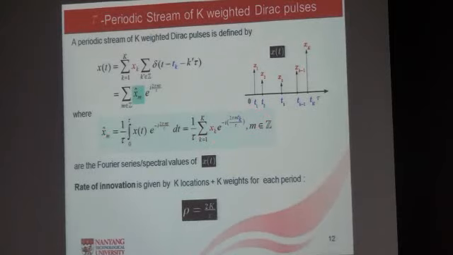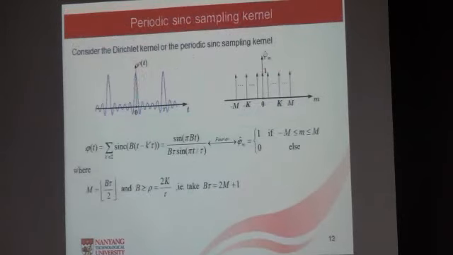What you have to take note of here is that this expression is actually a linear combination of complex exponentials. Okay, so because this is a linear combination of complex exponentials, we're going to be able to find the locations and the weights. Okay, so here again the rate of innovation is given by k locations and k weights for each period, and therefore 2k over tau.